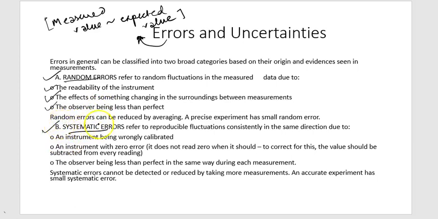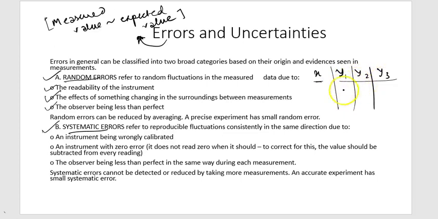Now, how to reduce random errors? They can be reduced by averaging. Say you have an independent variable x, and you have three sets of the dependent variable y. Basically, you take three trials. You might have heard your teacher say, take three trials of each reading. So at x, you take three different readings, maybe for the time period of oscillation of a pendulum.